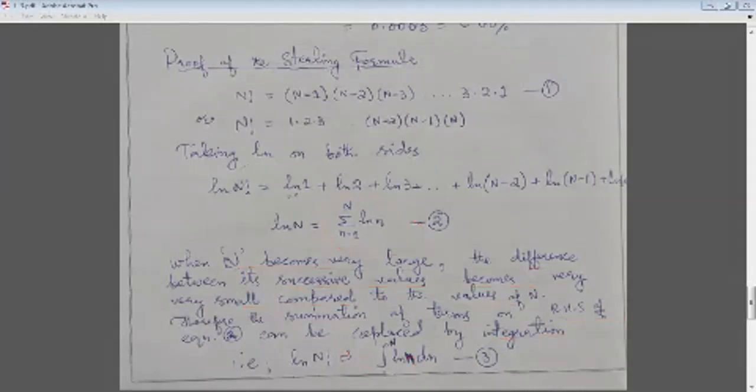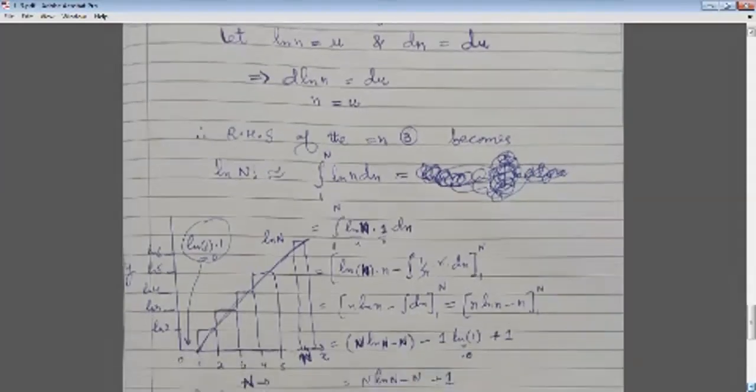First you have to make this point clear, because when the points have become very close, I can take the values under this curve. That means if I want to calculate the area under this curve, it will be integration.